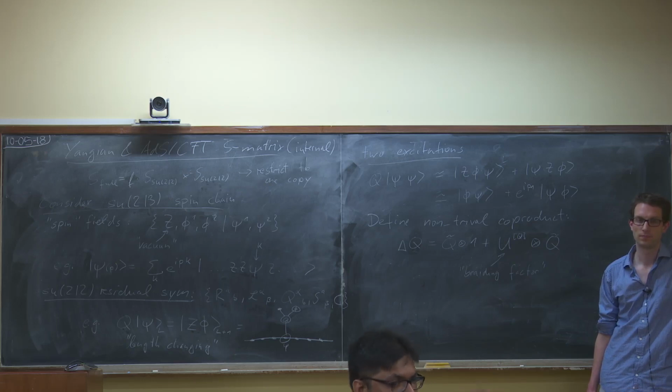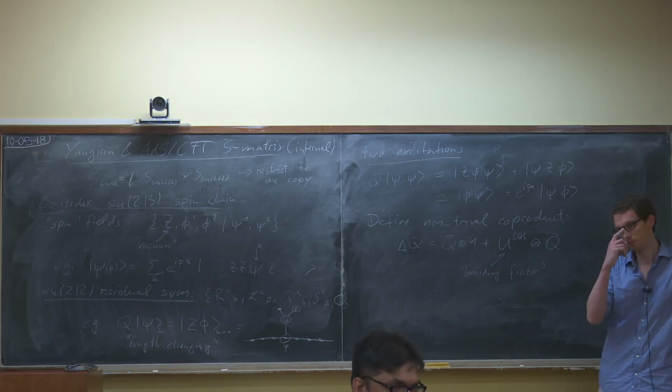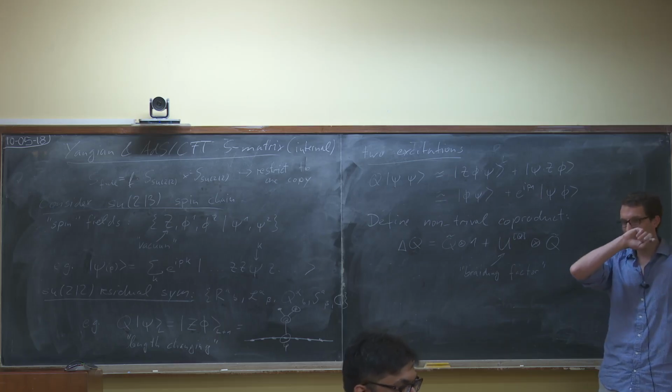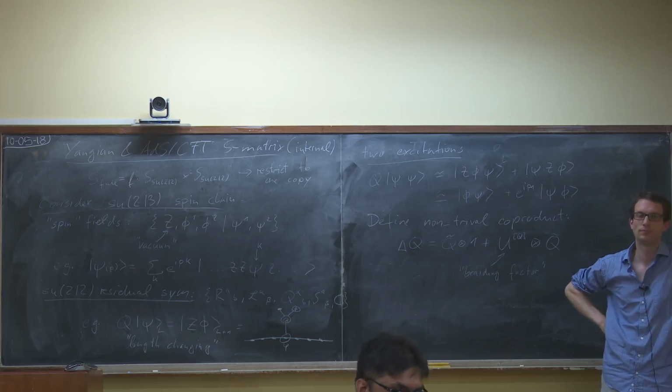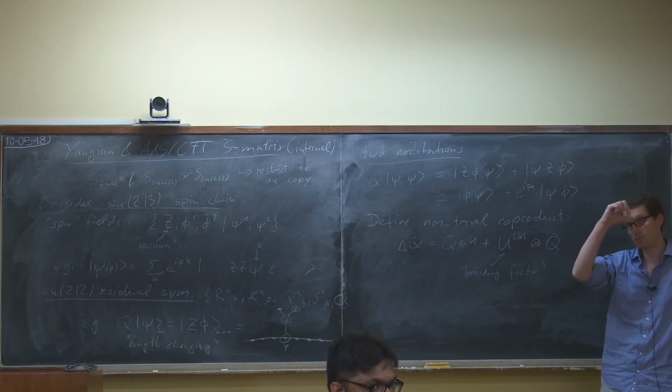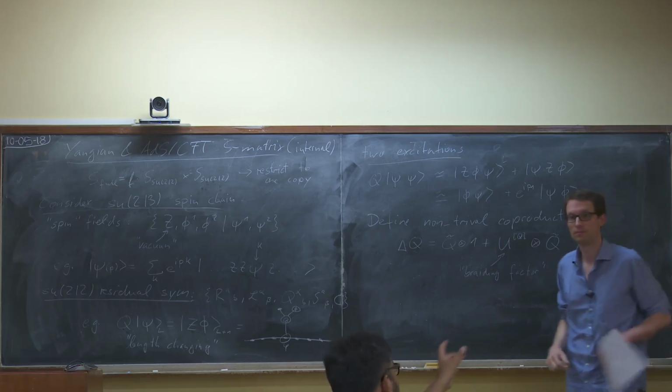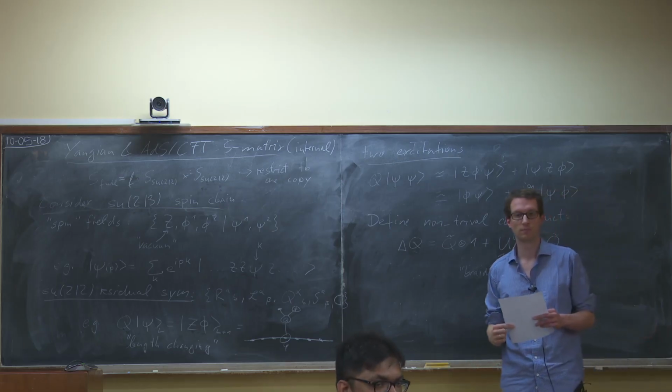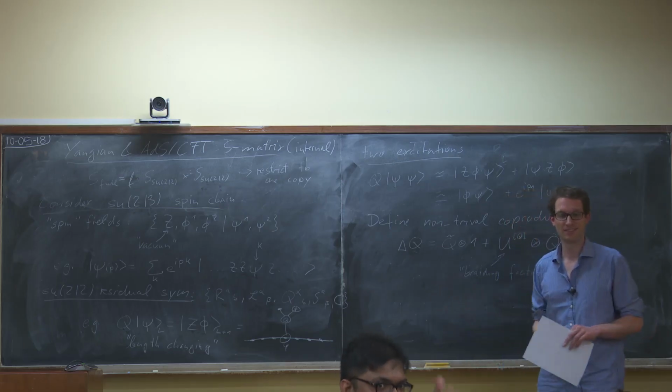So let's say you have a bunch of fields. Now let's consider an operator, not all fields, but let's say two sites. This two-site state is not going to be with some fixed number of fields in the middle. That's not going to be the eigenstate of the dilatation operator.